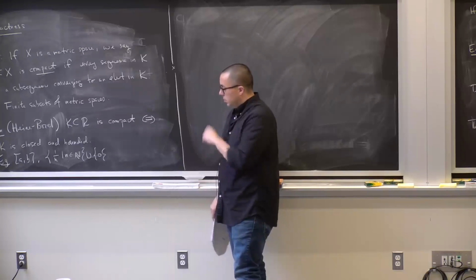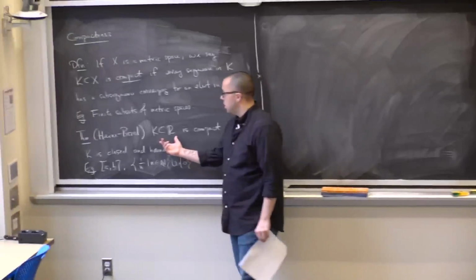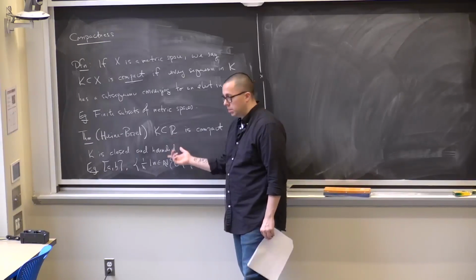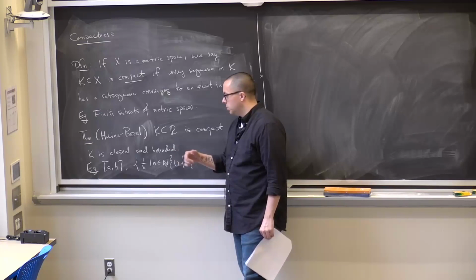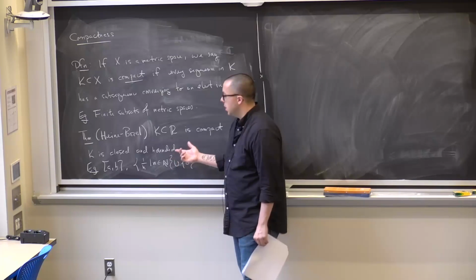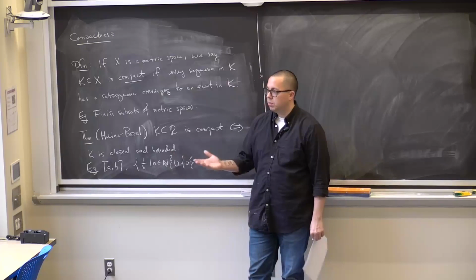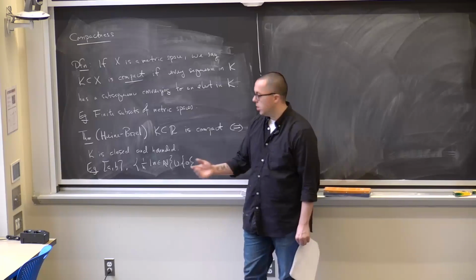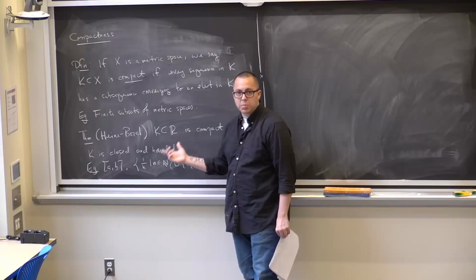Now, this is a theorem about compact subsets of R. One can build off the proof of this to get the result for Rn and Cn. The metric properties of Cn are the same as R2n, so let's say just Rn, that a subset of Rn is compact if and only if it's closed and bounded.